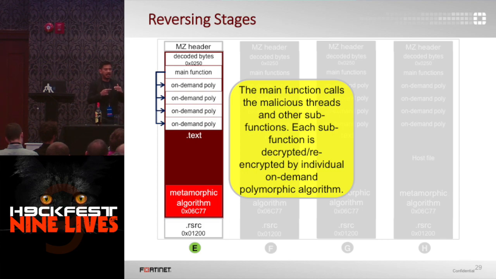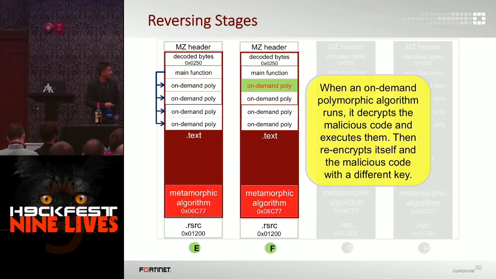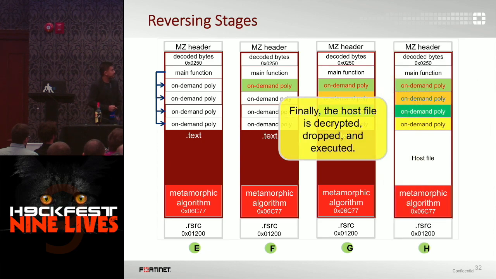That means every time it executes a single function, it looks different from the original code because it is encrypted with a new key. Then it executes another on-demand, and if you put some colors in your virtual memory, it will look like Christmas lights, different colors, different codes compared to the original one. That means every time it infects your files, it will create a different set of codes. That is what I call on-demand polymorphic.